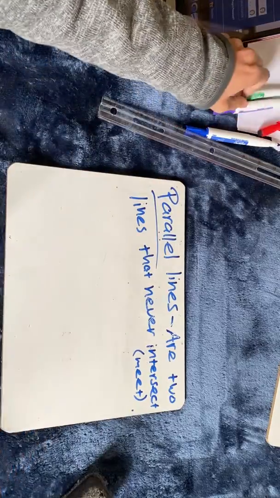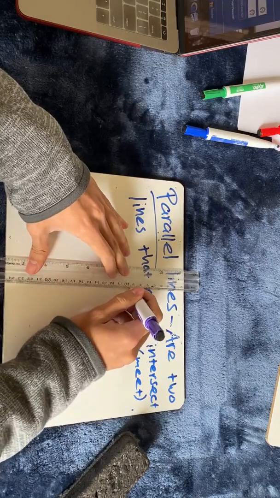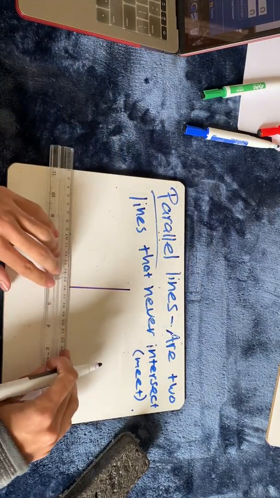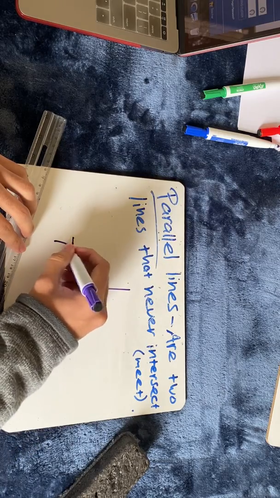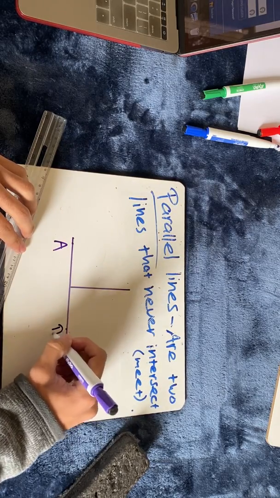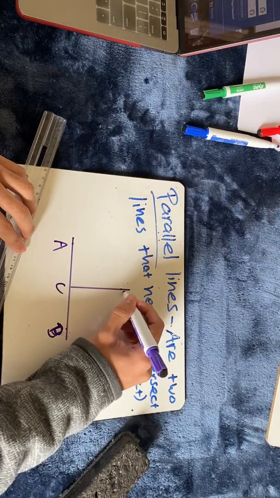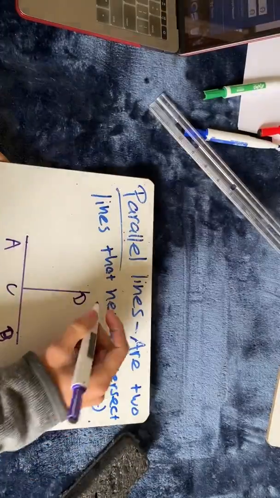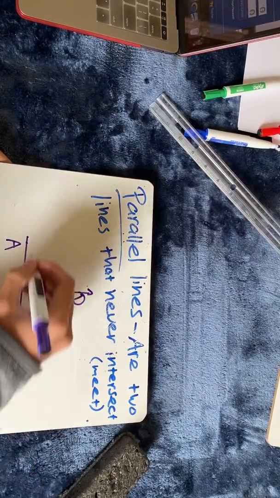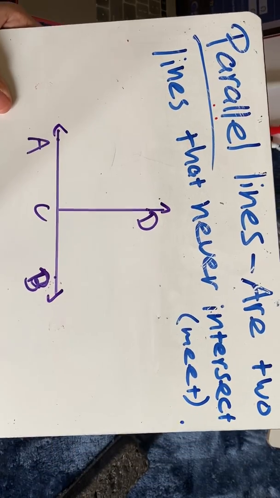Now, what about this one over here? What about this line? Are these lines parallel? Let's name this one A, B, C, D. Do you see any parallel lines here? No, there are no parallel lines, okay?